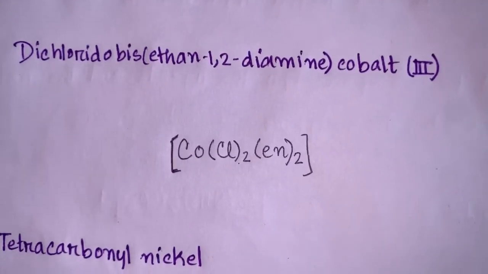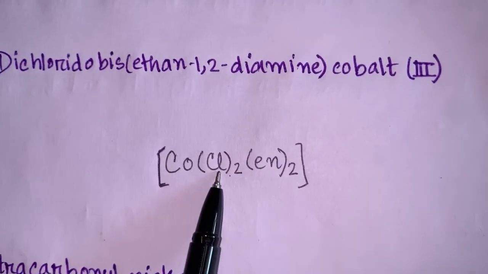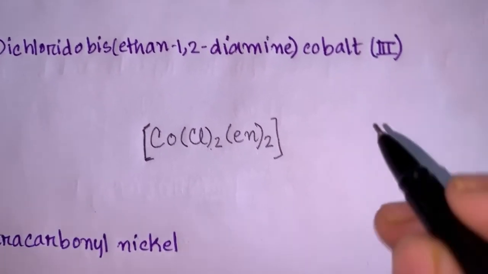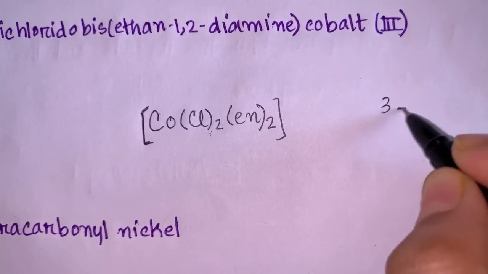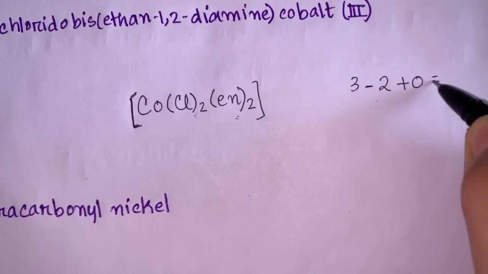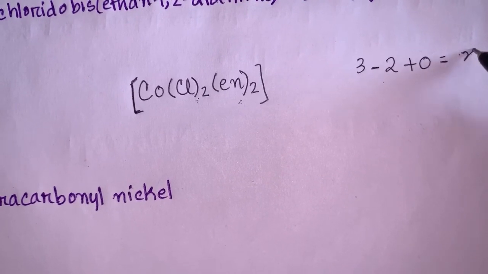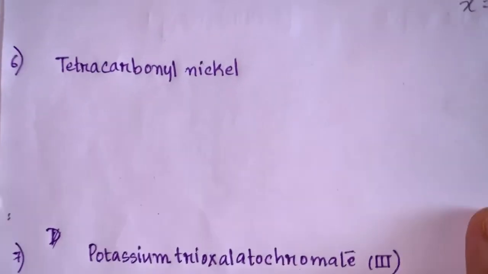Now what will be the charge present outside? Cobalt is having +3, Cl is having -1, en is having 0. Therefore we will be writing 3 minus 2 plus 0 equals x. So x will be 1, so plus charge, 1 charge.